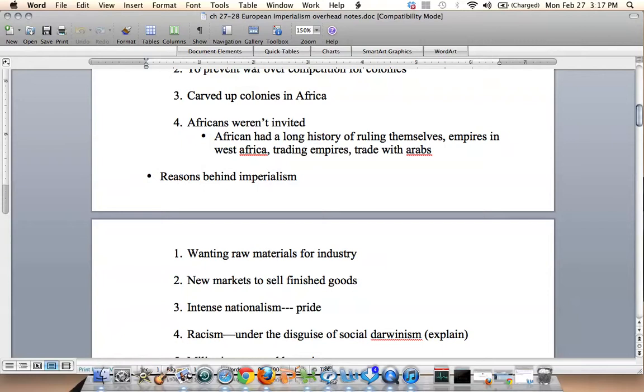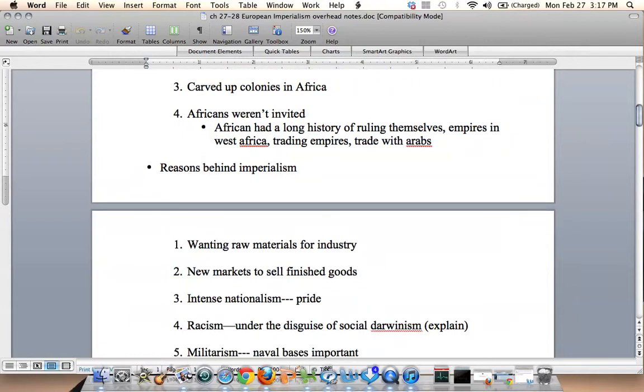So in other words, this was just the natural order that white Anglo-Saxon Protestant Christians or even Catholic Christians of Europe would dominate the colored primitive species of human in Africa, which really is just racism.